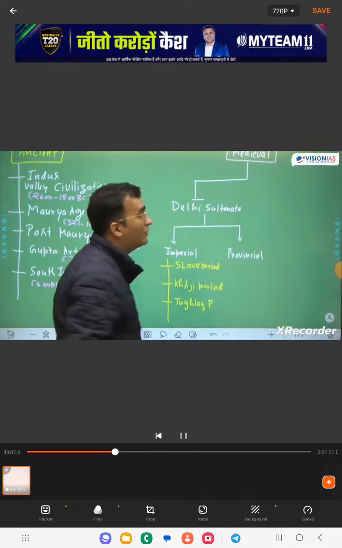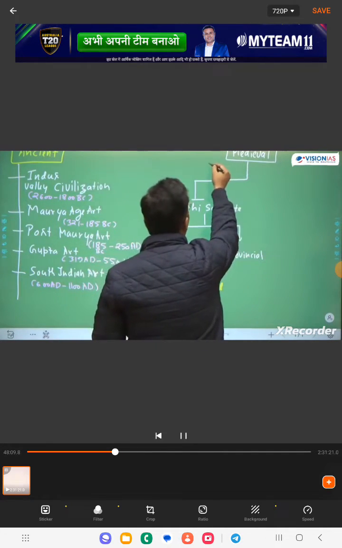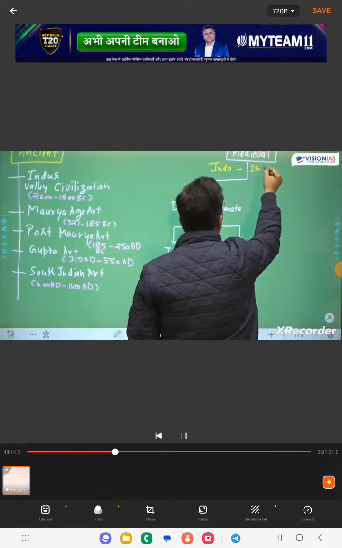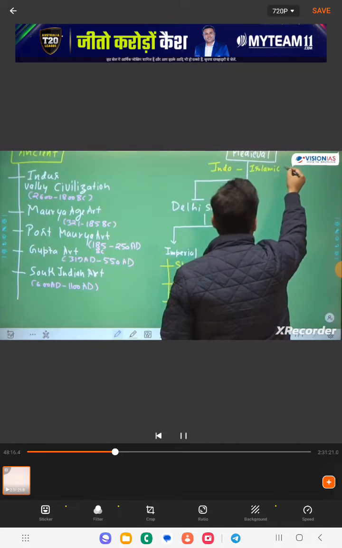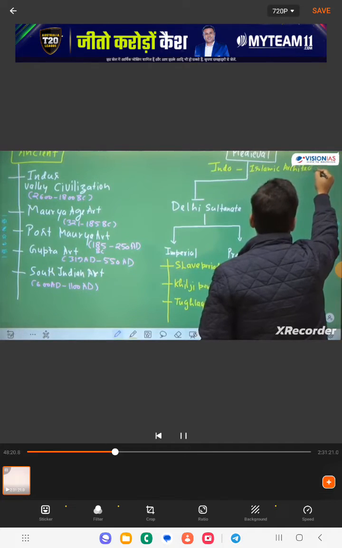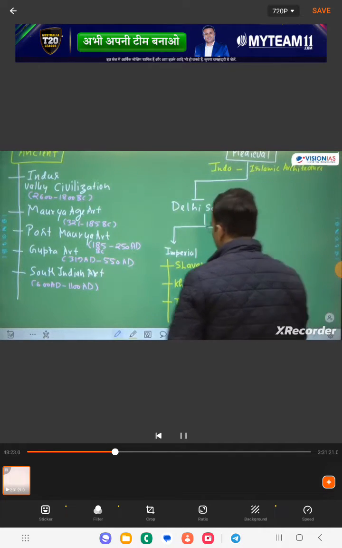And we are going to see only their architecture. Let me write at the very first place, this entire architecture of the medieval period is known as Indo-Islamic architecture. So you can write over here that it is Indo-Islamic architecture.